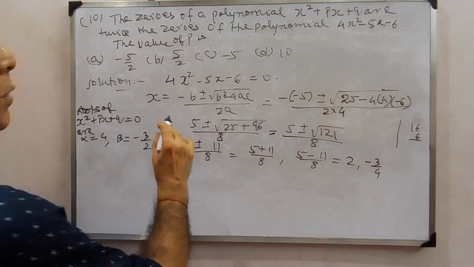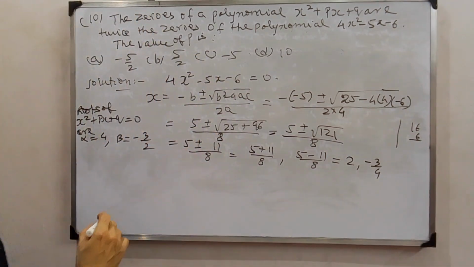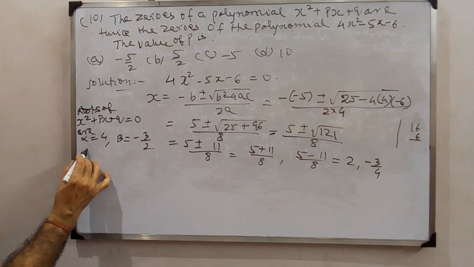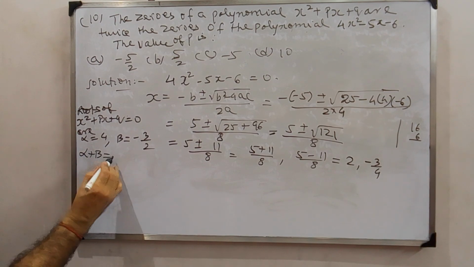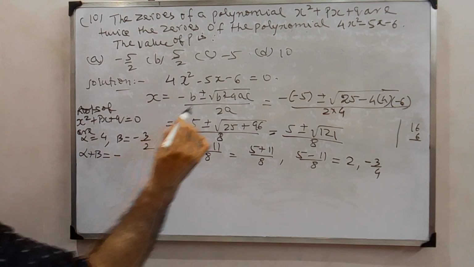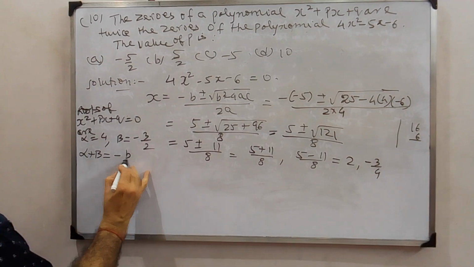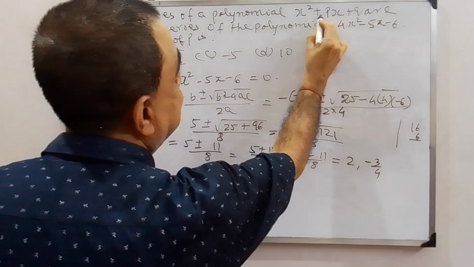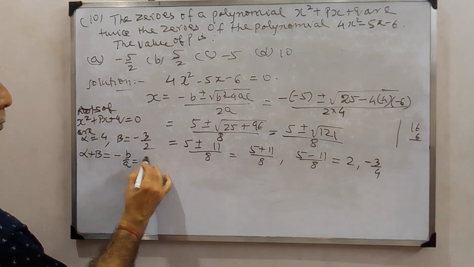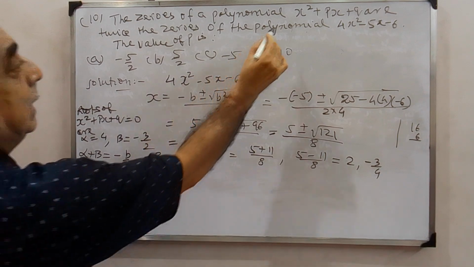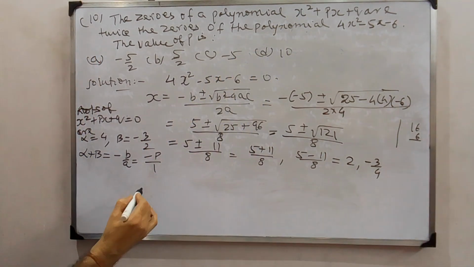Now we have to find the value of p. We know the sum of the roots, alpha plus beta, is minus b by a. Here b is the x coefficient, that is p, so minus p upon a, where a is the x squared coefficient, that is 1.